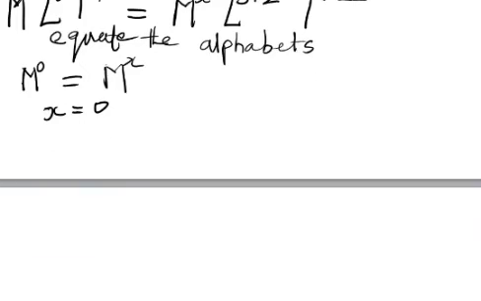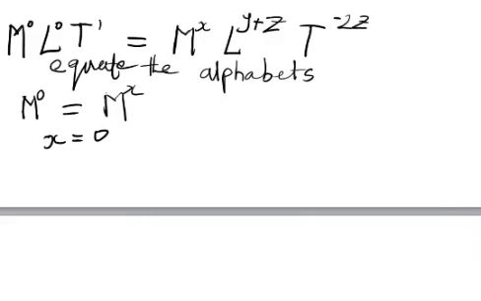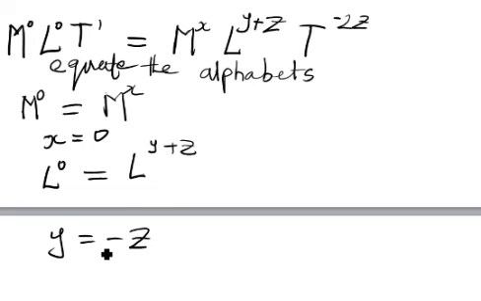Now the second one we talk about is the L. Let's equate L. I have L raised to power 0 will give me L raised to power y plus z. So I have that y will be equal to minus z.